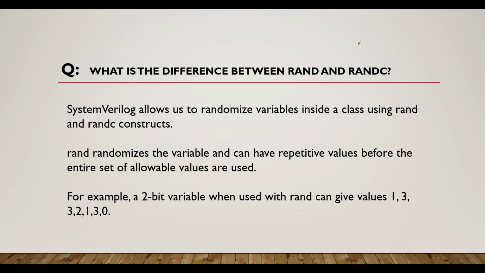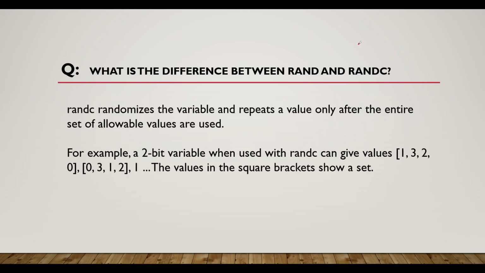Now, what is the difference between rand and randc? SystemVerilog allows us to randomize a variable inside a class using the rand or randc construct. Your rand just randomizes a variable and it might have a repetitive value, whereas randc doesn't have a repetitive value. It will get a repetitive value only if all the values have been exercised. Let me give you an example. Suppose you have a 2-bit variable, so the possible values are 0, 1, 2, 3.